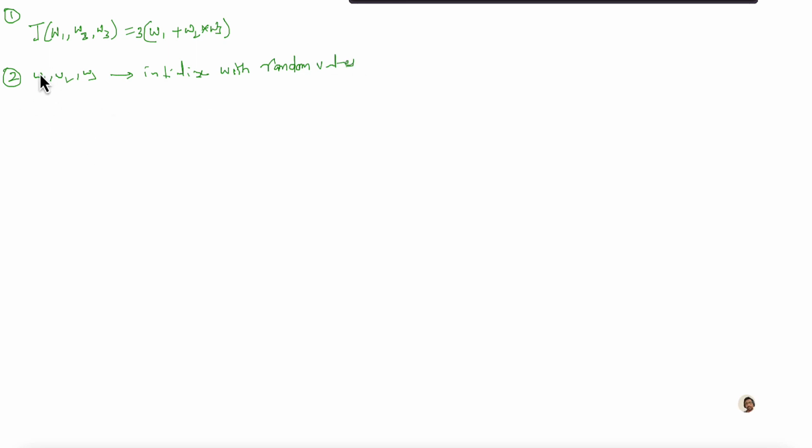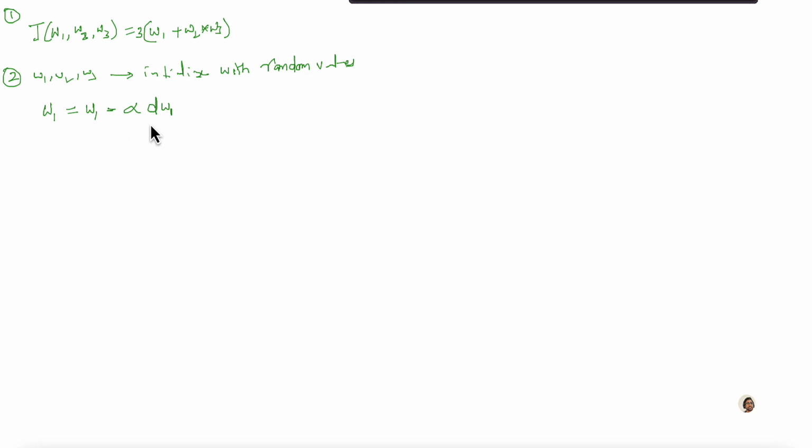Then the way we update each of these weights is we start with this random value, and we have a learning parameter alpha, and we move in the direction of the gradient.